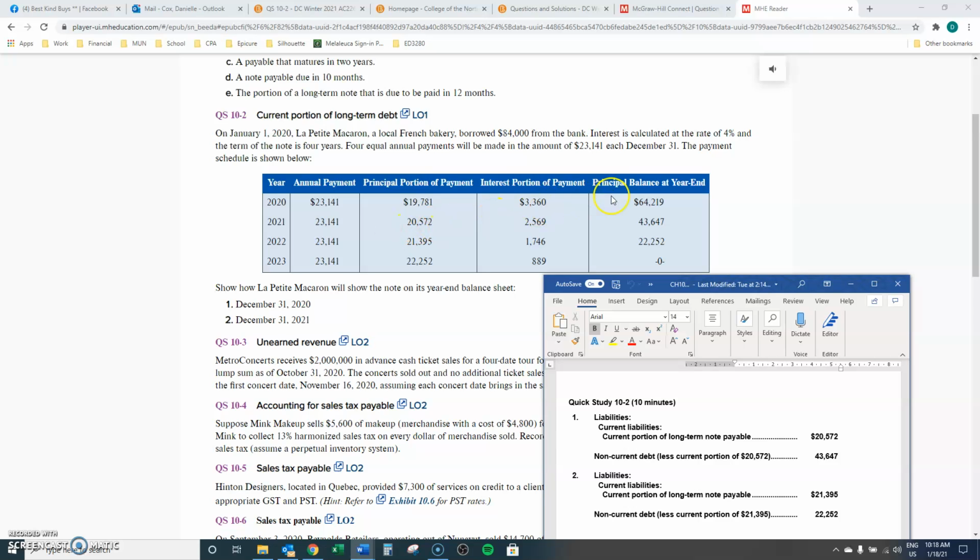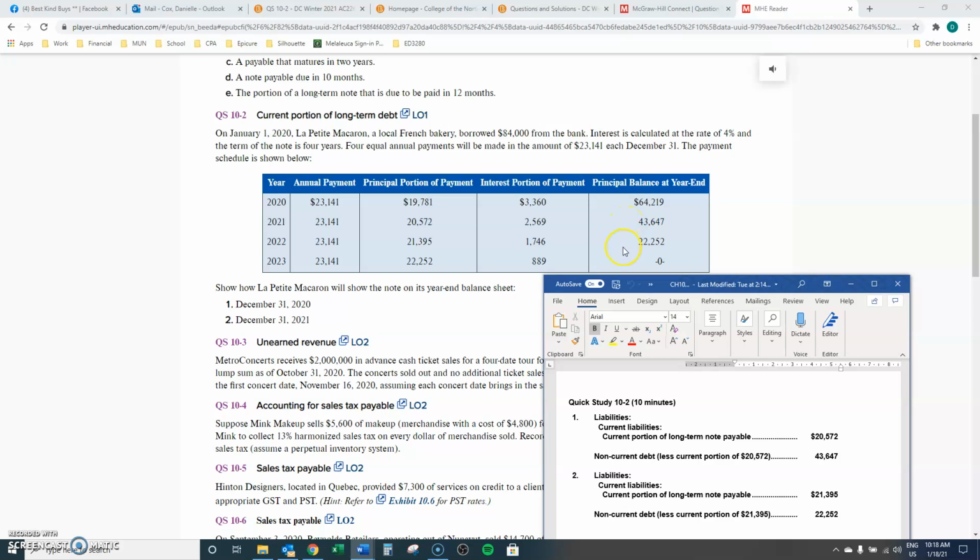So at the end of 2020, this payment in 2021 is upcoming within the next year. And the principal portion of the loan that is to be paid is the $25,772, and the long-term portion is $43,647. This amount of the long-term debt will be paid in the upcoming year. This amount extends past the 1 year.